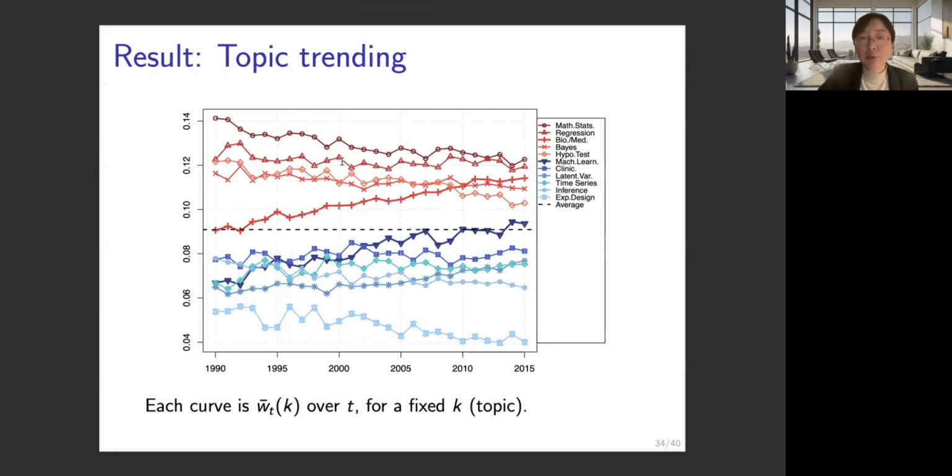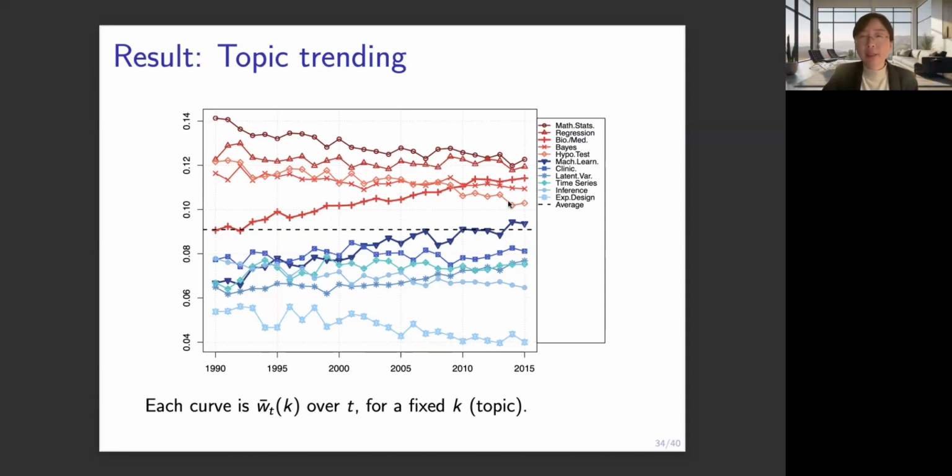When we plot, we fix each topic and connect the points of different years. So this shows us the trend, the overall interest of our society in this particular topic over the years.